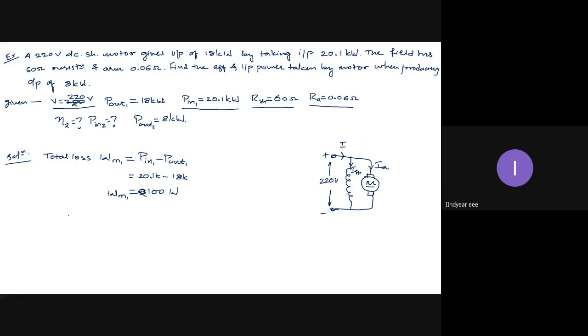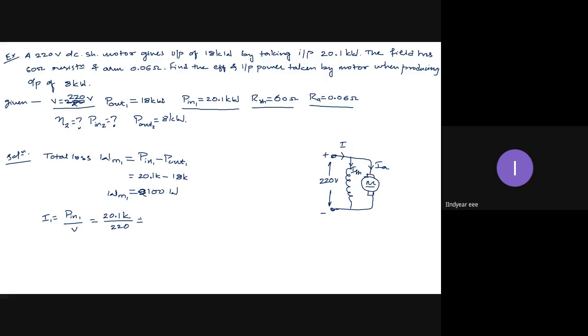Now I can write I1 is equal to P in 1 divided by V. First input is 20.1 K divided by 220, so 91.36 amperes.